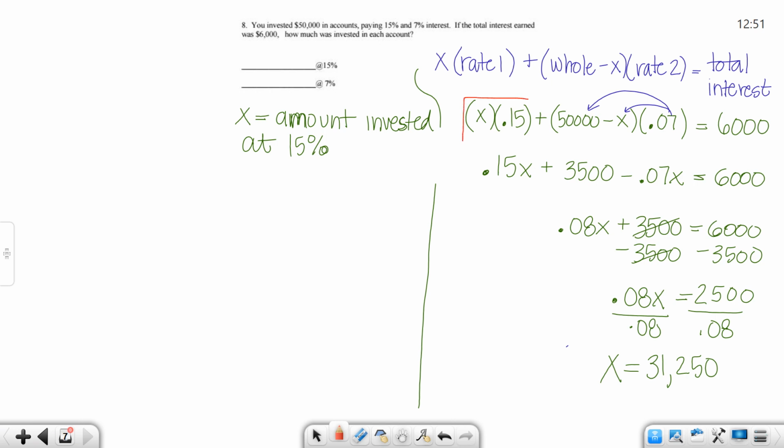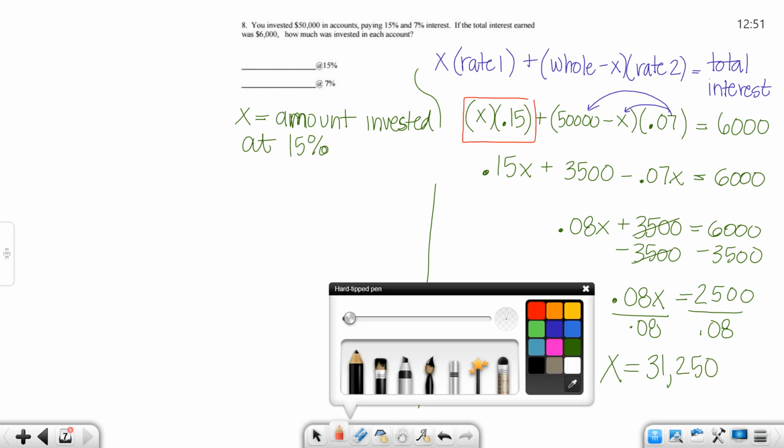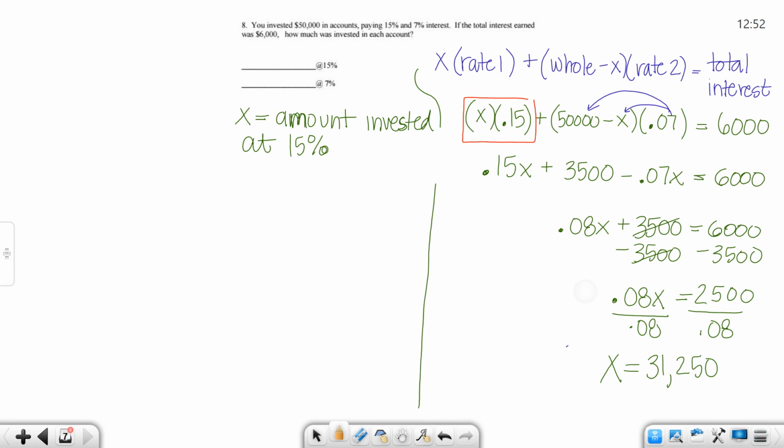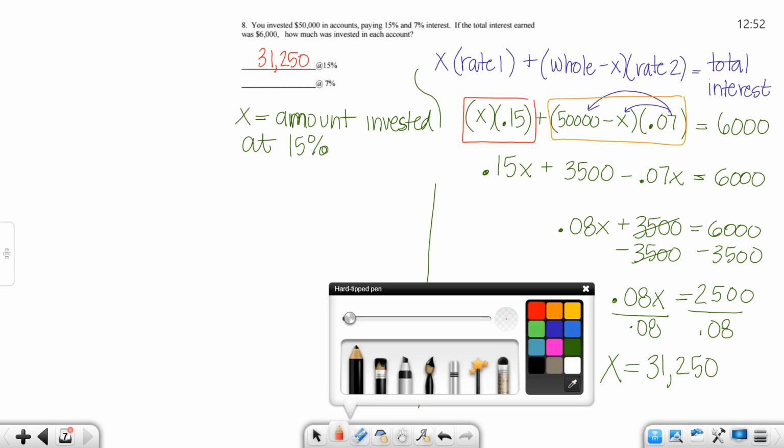Well, if I look back up, it tells me how they're defined in the red and orange boxes. In the red box, you'll see that X goes with the 15% blank. So X is 31,250. That goes in the 15% blank.